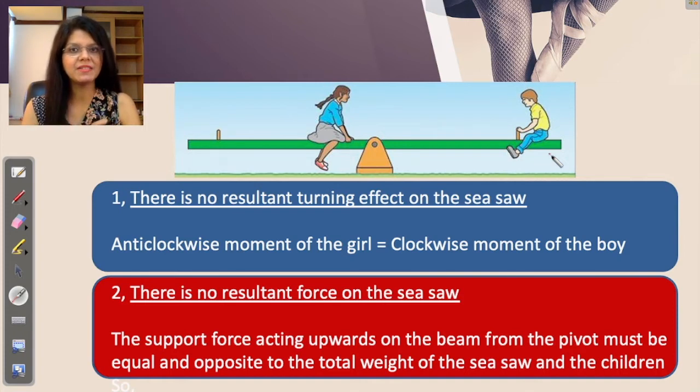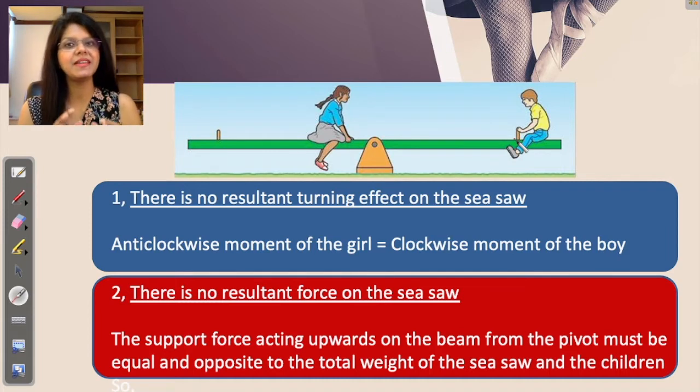If you want to bring about this equilibrium, the heavier object has to be near the pivot. So what I am talking about here is moment, heavier object near the pivot. We have understood it in video 1. So if you look at the girl, she is bigger in size. She is sitting nearer to the pivot, whereas the boy is smaller in size and he is sitting away from the pivot, so as to create moments which are exactly equal and opposite.